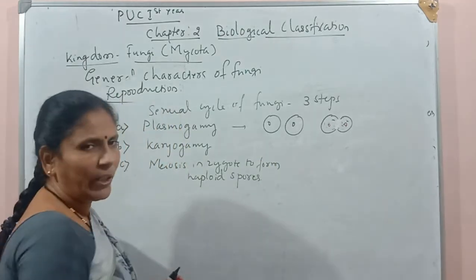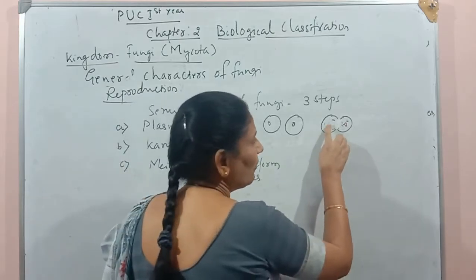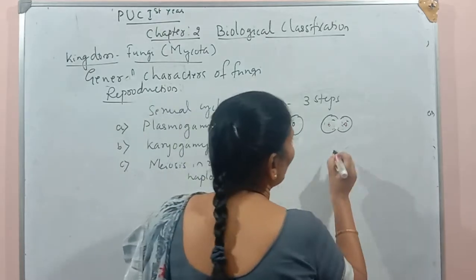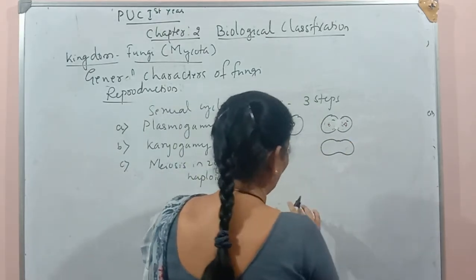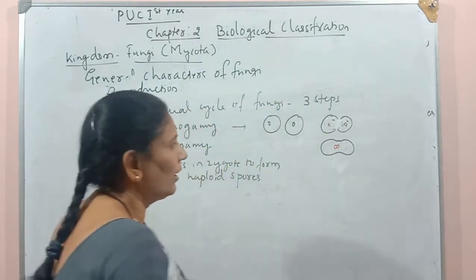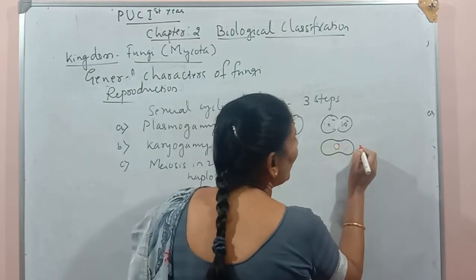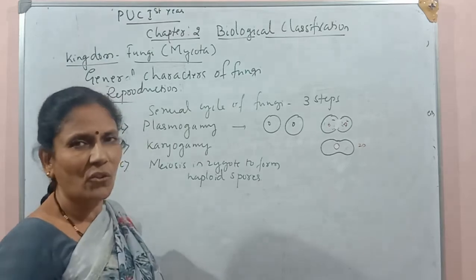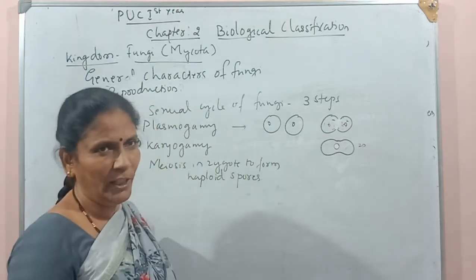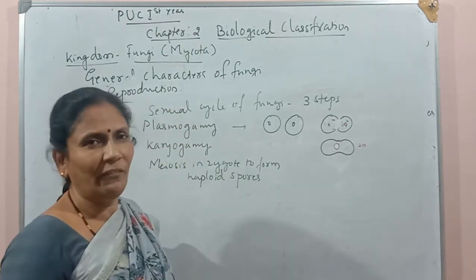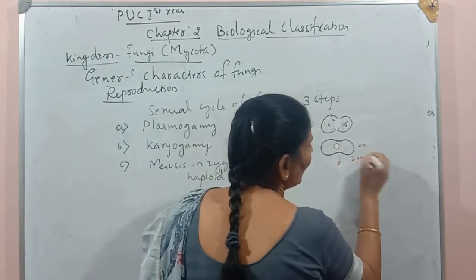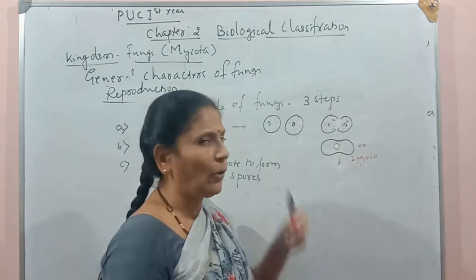The next step is karyogamy. Karyogamy means when these 2 haploid nuclei come very close and fuse together and form the diploid nucleus. After the fusion of 2 haploid nuclei, this process is called fertilization and the structure is called the zygote, which is diploid.